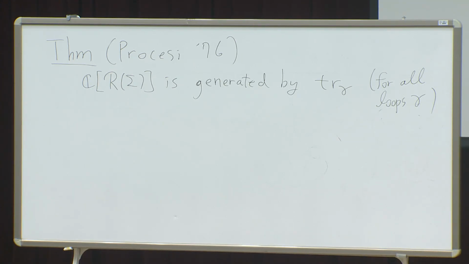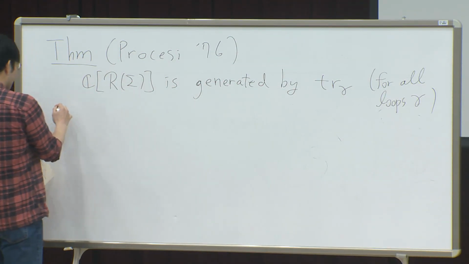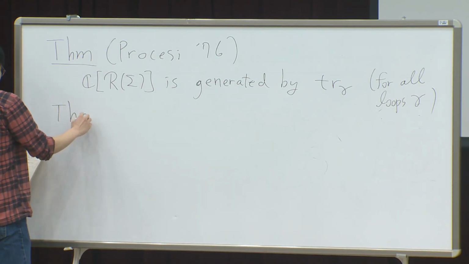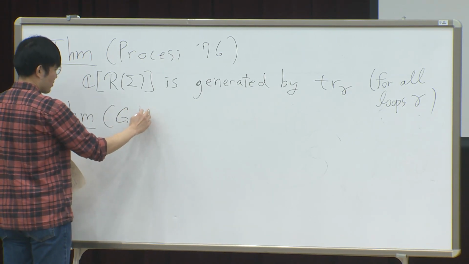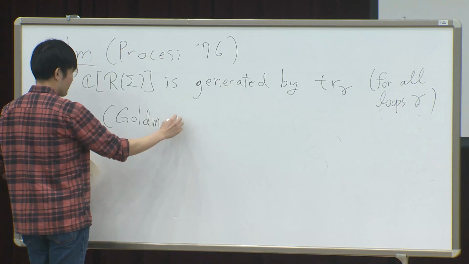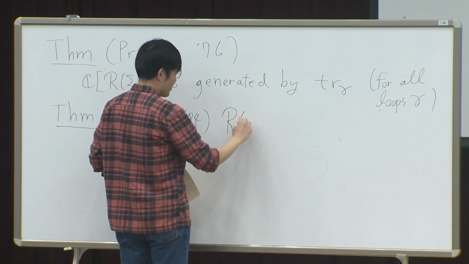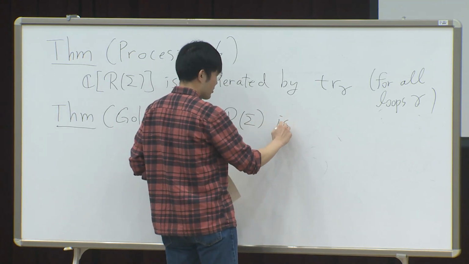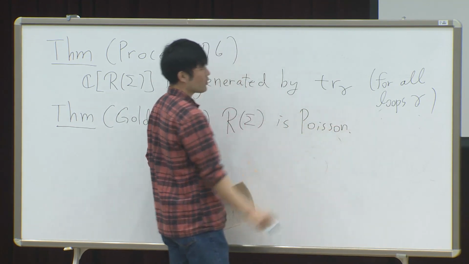And then what I'm not going to say that much about is that this space also has a Poisson structure. You might want to say some degenerate version of symplectic structure coming from Goldman. So you don't have to know precisely what this means. This space possesses a Poisson structure.